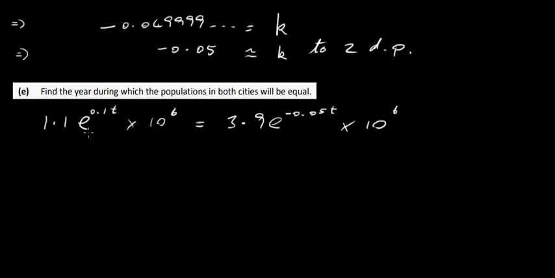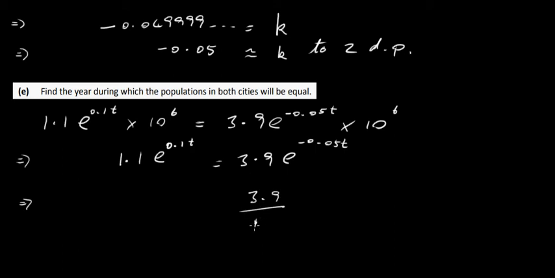The 10 to the power of 6's you can just divide across by, and you end up with 1.1 e to the power of 0.1t is equal to 3.9 e to the power of minus 0.05t. Now I'm going to first of all divide across by 1.1, so that will give me 3.9 over 1.1.